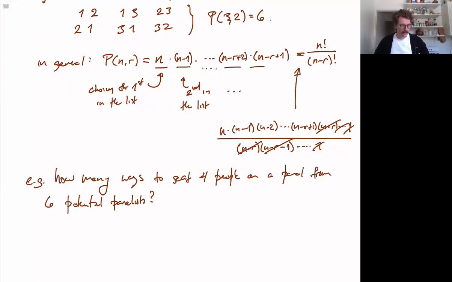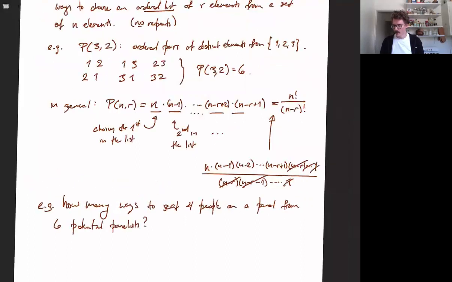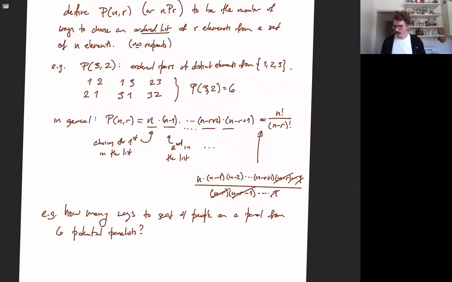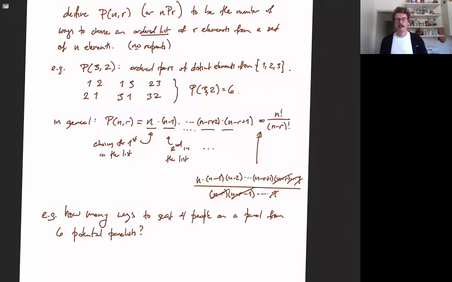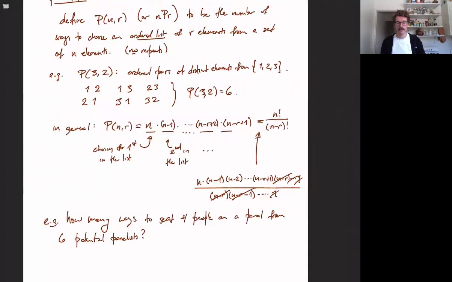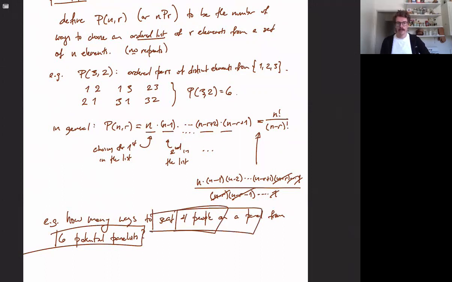So we can see that this is a permutations kind of question because we have a set of 6 people, and we want to choose 4 of them and arrange them in an ordered list. This is our seating on the panel. And we want no repeats, of course, because the panelists need to be different people.